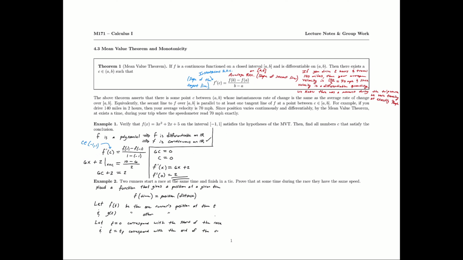We're not told how long the race takes, so this could be any real number. In fact, it doesn't actually really matter because we're always free to rescale time if we so choose. So we could have just said this is 1 if we really wanted to. It doesn't really matter, but let's just say 0 we start, and let's say t final, whatever that is, t sub f, that's the finish of the race.